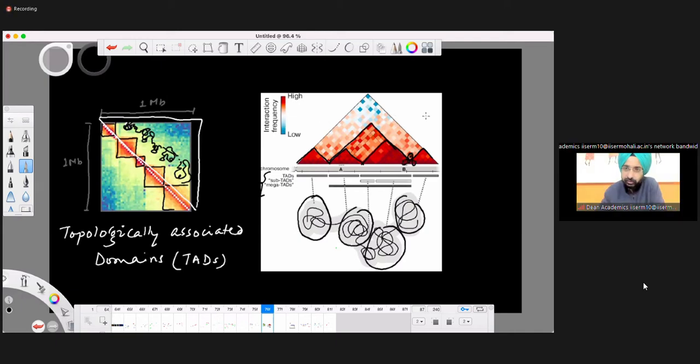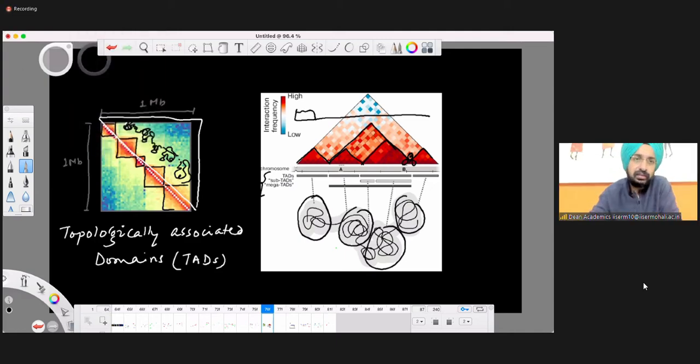If I'm calculating the interaction frequency of neighborhood windows, then if it is high, it will drop here. So it will go somewhat like that, and wherever we have a boundary, they will be dropped there, and so on. So these become your TADs: TAD1, TAD2, TAD3.